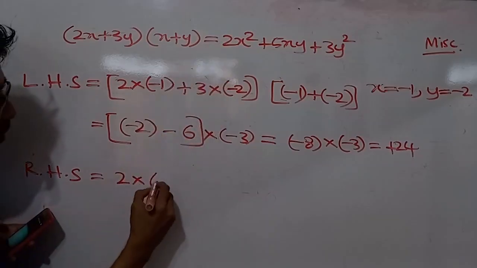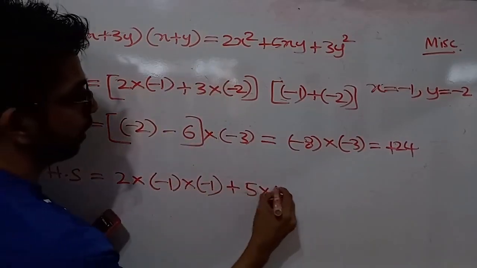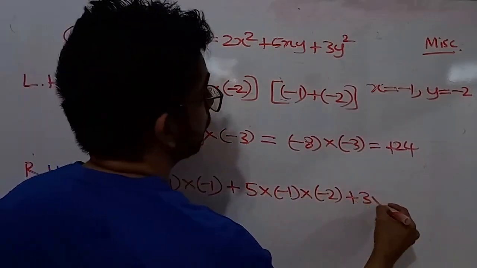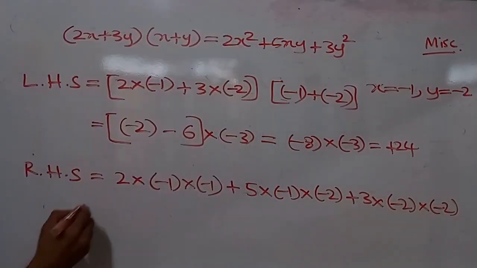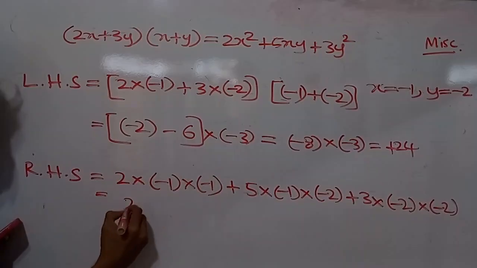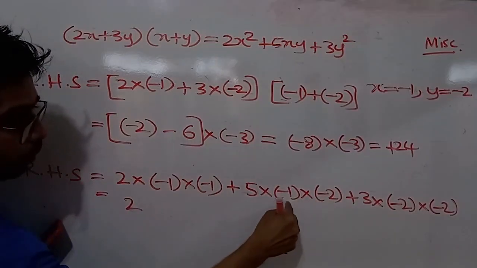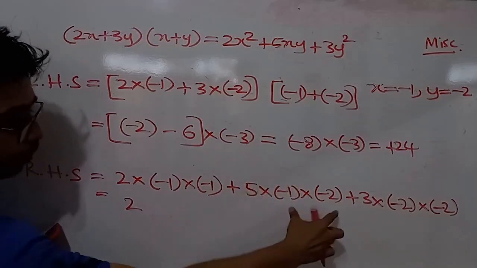2x square, that means what? Negative 1 into negative 1 plus 5 negative 1 into y is what? Negative 2 plus 3 negative 2 into negative 2. Right? Negative 1, that's a positive 1. Positive 1 into 2, that is positive 2. Right? So negative 2 into negative 1, that is negative 2. Negative 2 into 5, that is what?